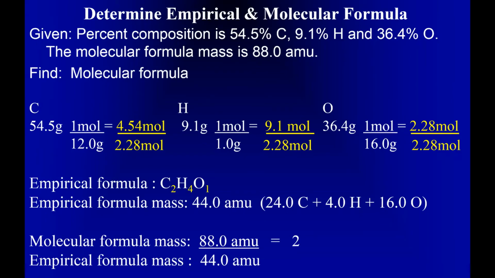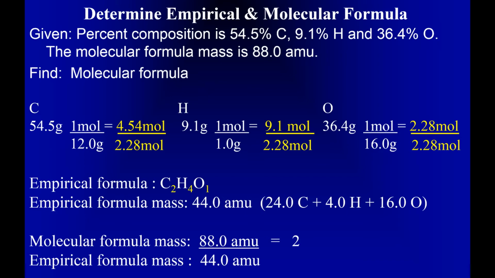Okay, here's our sample problem. We have a percent composition, and remember, percent composition is percent by mass. So 54.5% carbon, 9.1% hydrogen, 36.4% oxygen. So first step is to convert grams to moles. You may be looking at that saying, wait, we have percent, we need grams. Well, it's percent by mass.